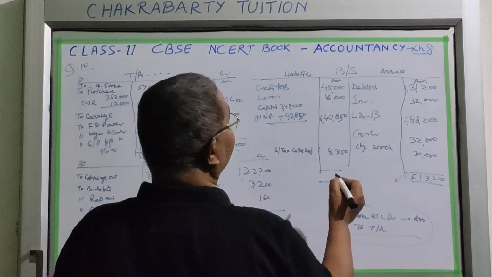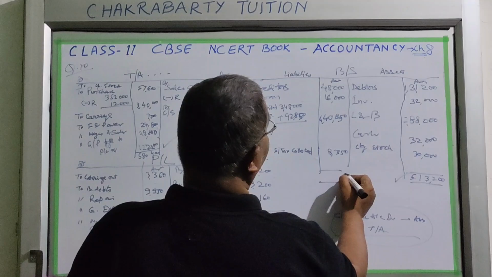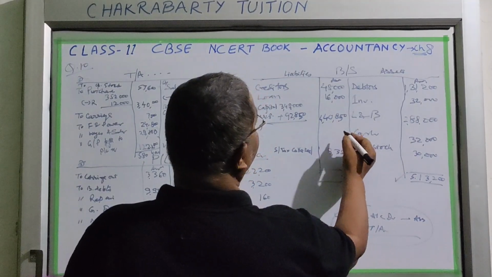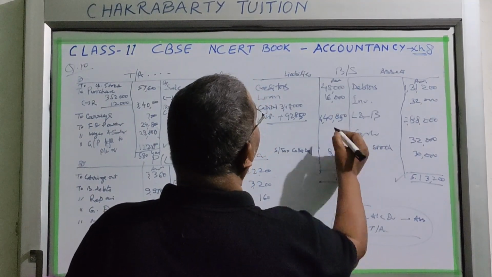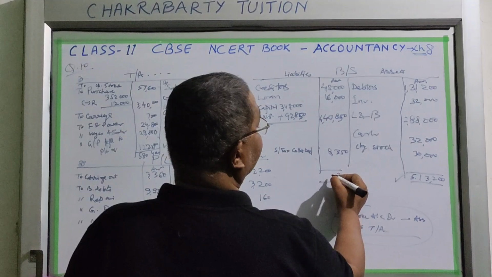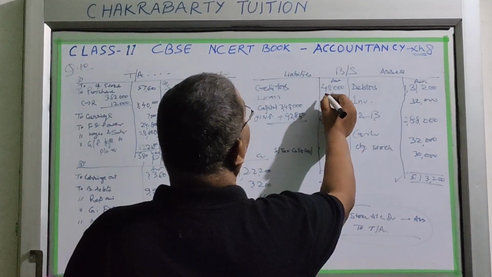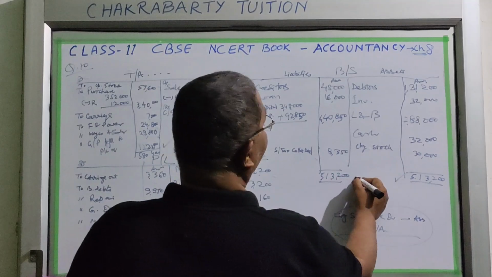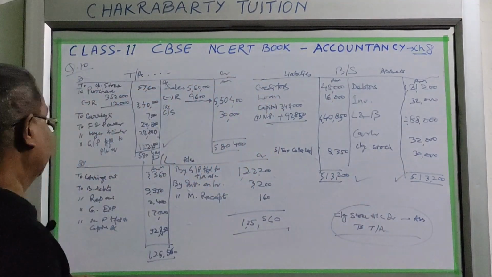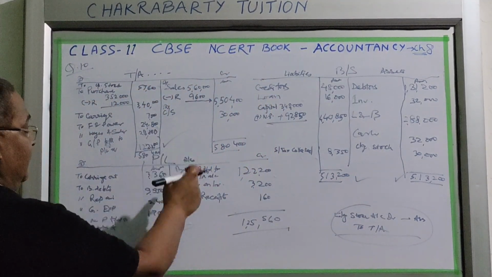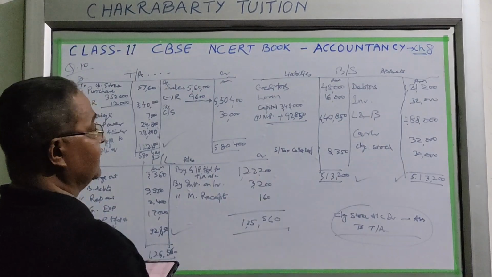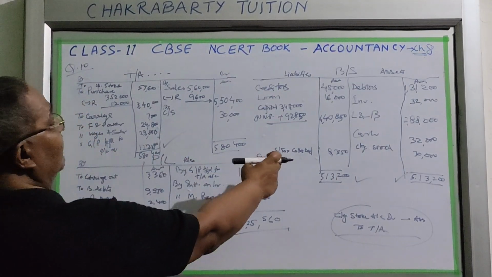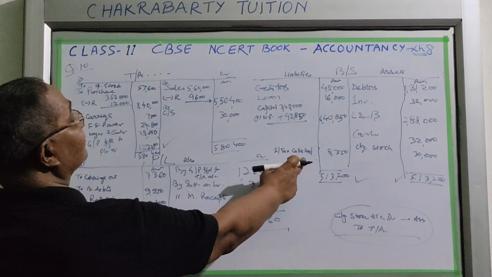So how will the examiner read? Okay. So all your 3 answers are here: trading account, PL account, and the balance sheet. Here you have learned about the sales tax collected amount.